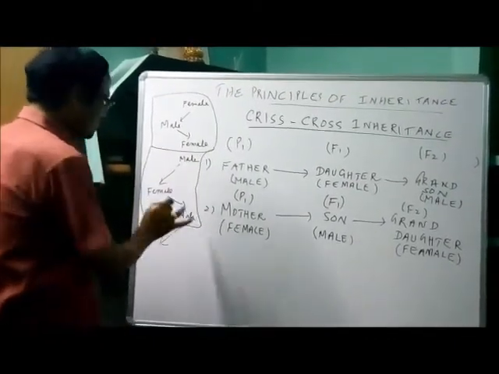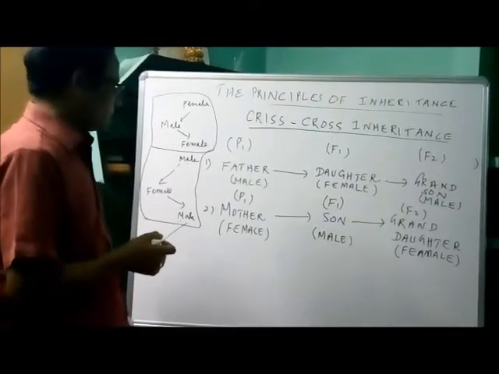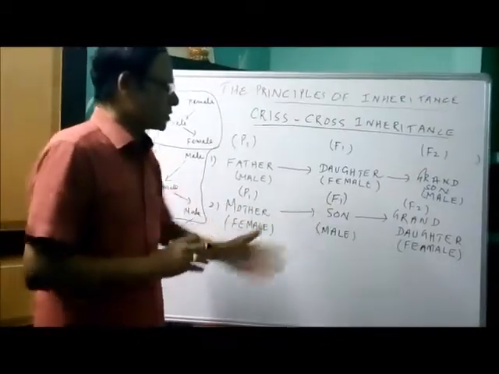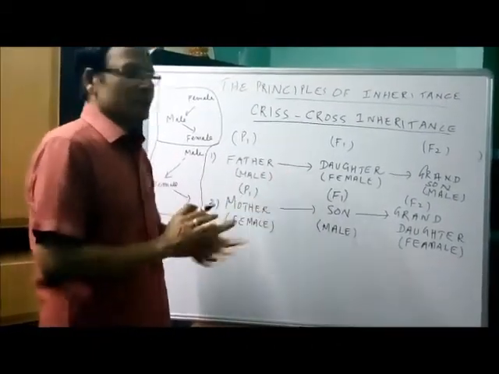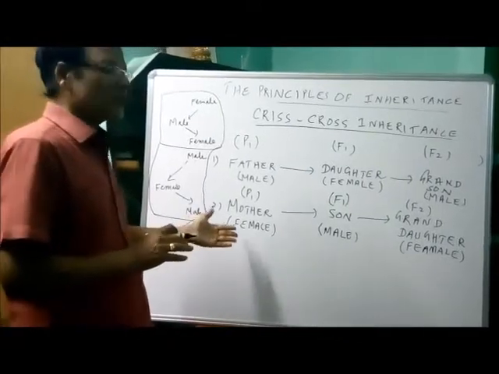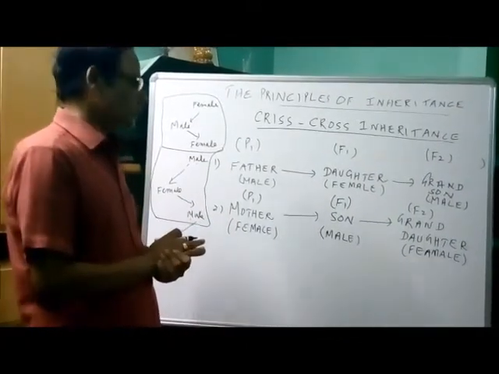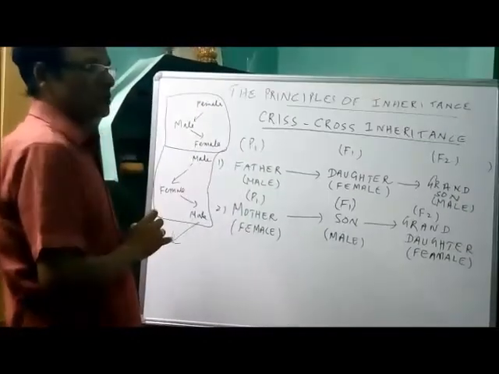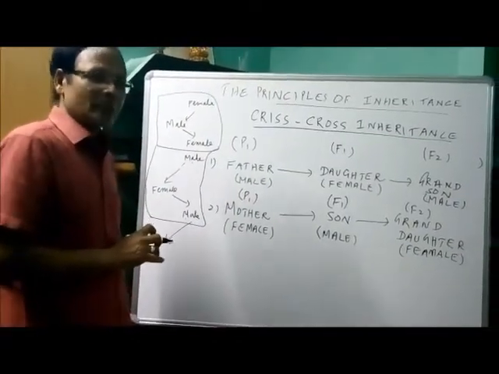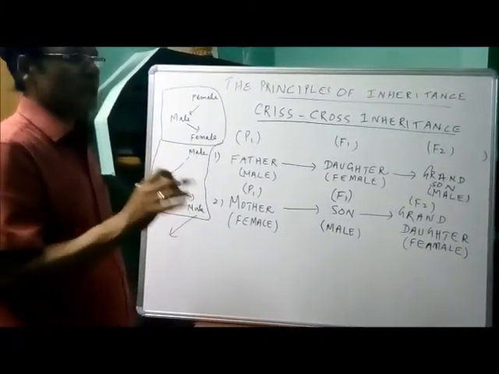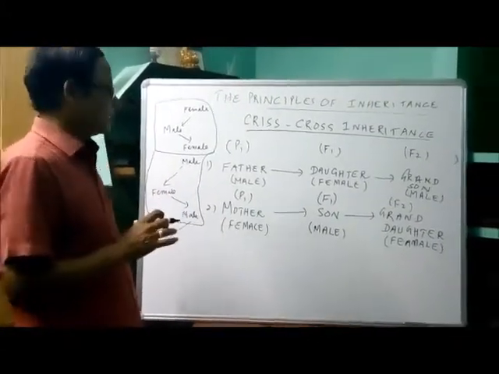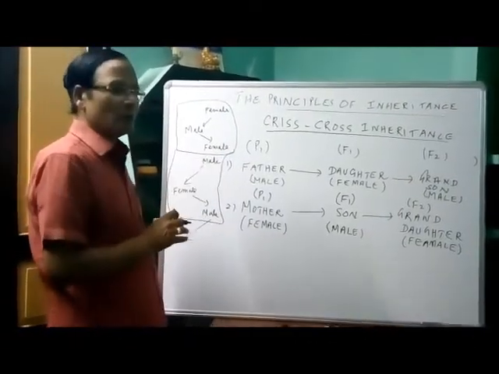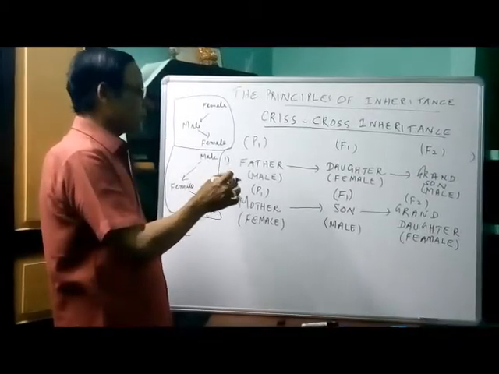Likewise, the character is transmitted from mother to granddaughter via F1, that is, from female to female via male: female, male and female. This is called crisscross inheritance. Crisscross means zigzag: transmission of sex-linked characters from male to male via female or from female to female via male.